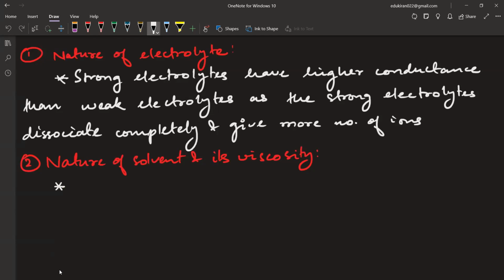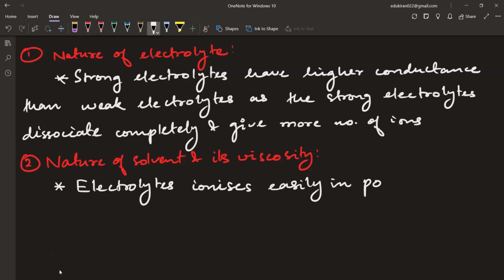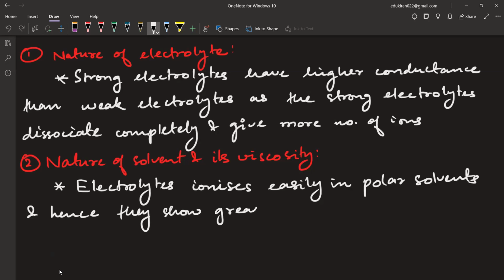In this you will write: electrolytes ionize easily in polar solvents, and hence they show greater conductance in polar solvents.